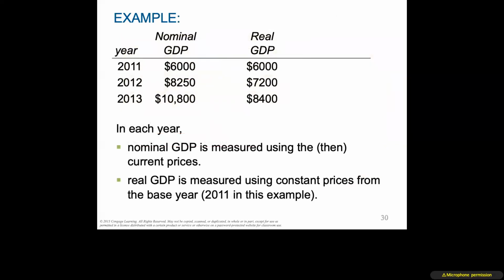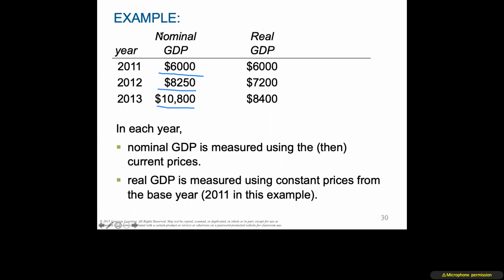Now we can do nominal and real GDP for pretty much everything. In each one of these years, the nominal GDP and the real GDP have differences, and you can start to notice a slight difference, and it's due to inflation between the two.